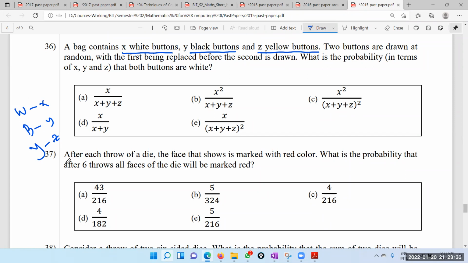Two buttons are drawn at random, with the first being replaced before the second is drawn. Again, independent. What is the probability, in terms of X, Y, and Z, that both buttons are white?